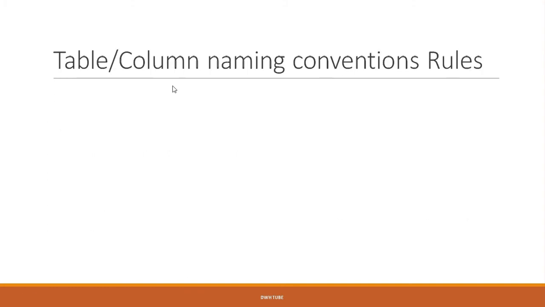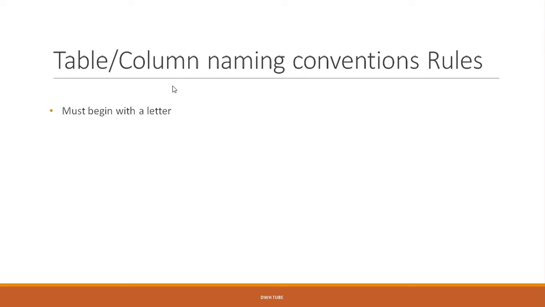Okay, let's spend some time checking out some table and column name rules, or naming convention rules, that Oracle has. So the first rule is that a table name or column name must begin with a letter. You cannot have a table name starting with a number. So 1customer is a syntax error for Oracle.